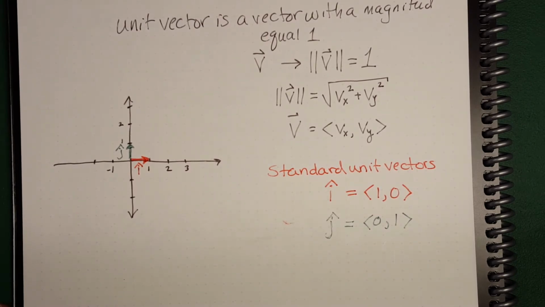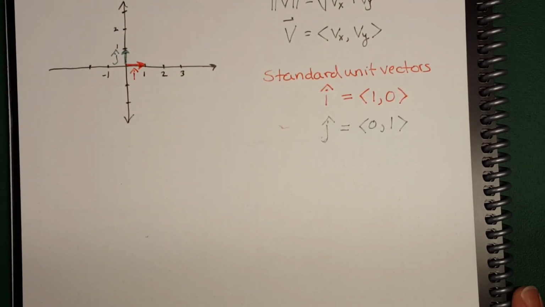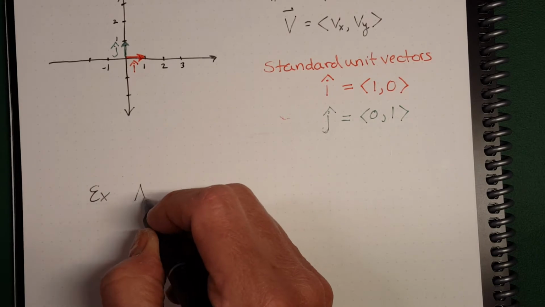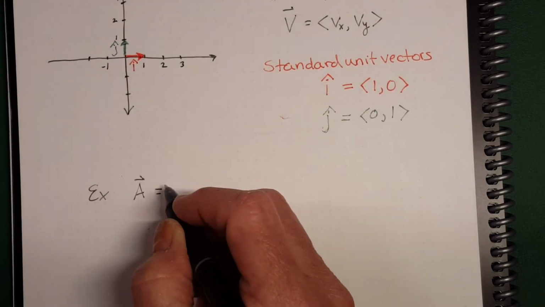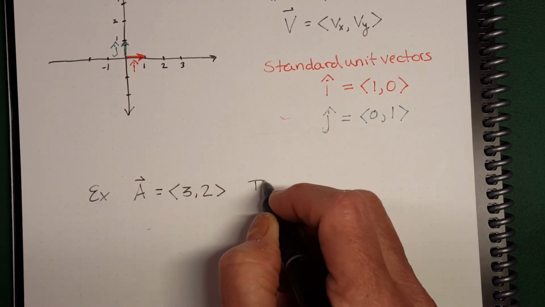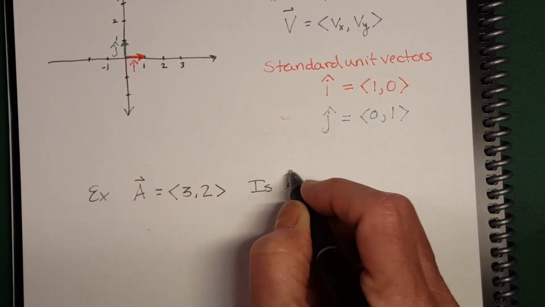So let's do a quick check to see if we understand how to tell if a vector is a unit vector. Let's say that vector A, in component form, is 3, 2. Is vector A a unit vector?